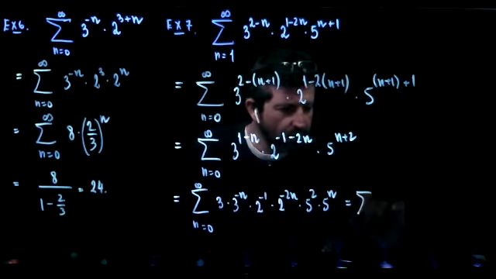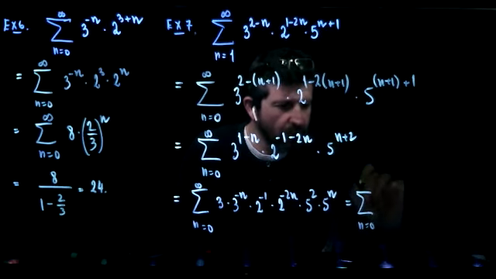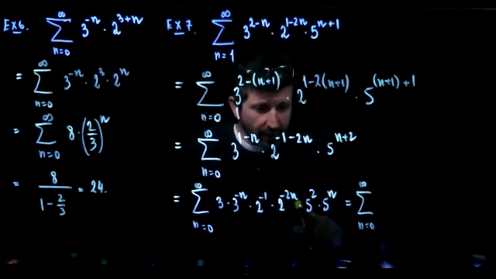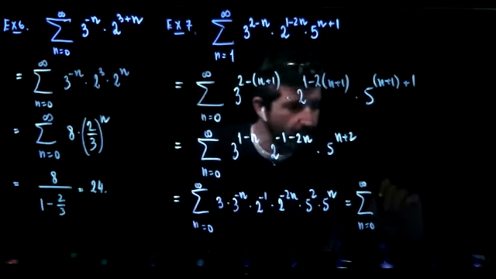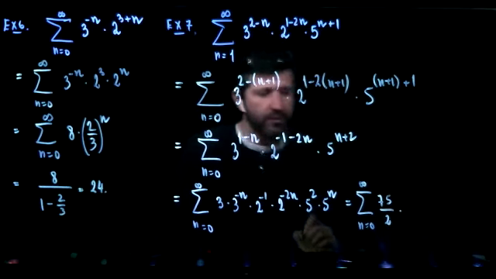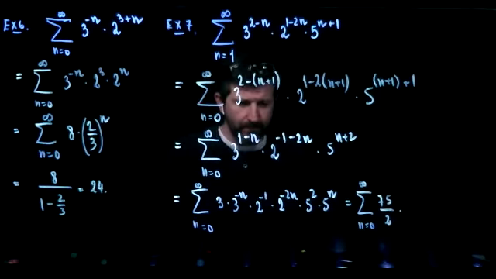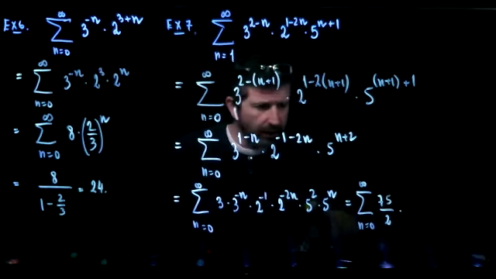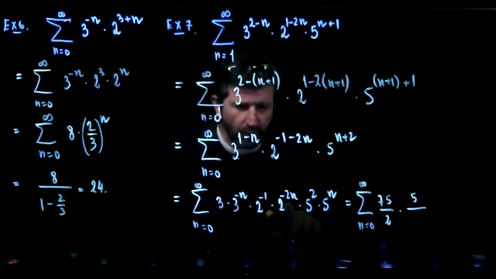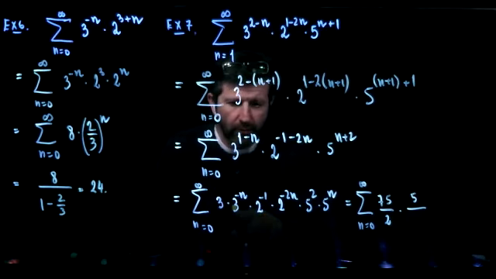And that is equal to the sum n from 0 to infinity of 3 times 25 over 2, so 75 over 2, times, and here I have on top 5, and on the bottom 2 power 2 times 3, so 4 times 3 is 12.